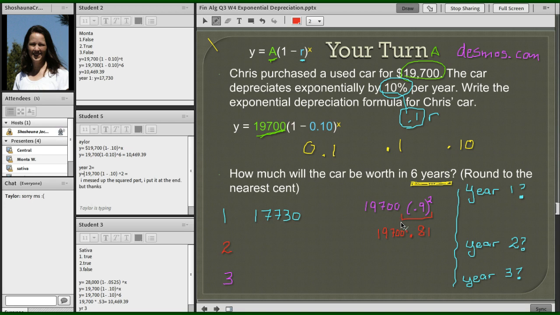And you can, but then your calculator may not calculate it right. But if you have a Desmos app, it will calculate it right. When I'm in the lab next time and I see you, I'm going to get you to do the Desmos app. Okay, so what did your calculator give you when you did that? And Sativa, I just couldn't see your answer.